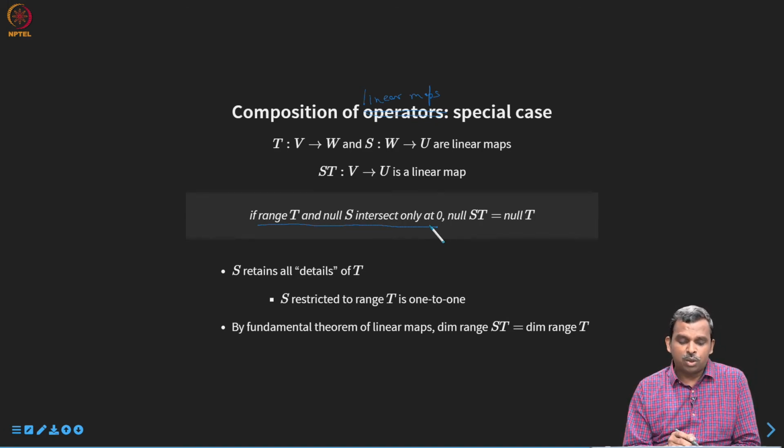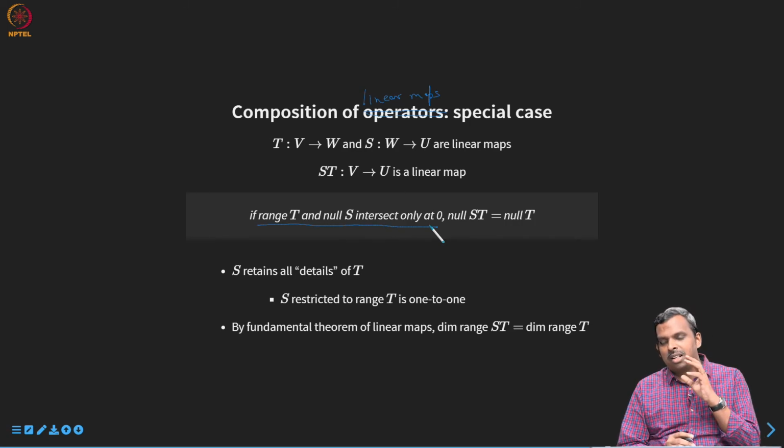It is sort of like S and T are nicely related to each other, as in S does not diminish T in any way. T takes you from V to W, and S does not further diminish the dimensions by its operation. For instance, a simple thing to think of is, suppose S is an invertible operator, so U and W are the same. If S is an invertible operator, clearly ST and T will have the same null space. But you don't need S to be an invertible operator.